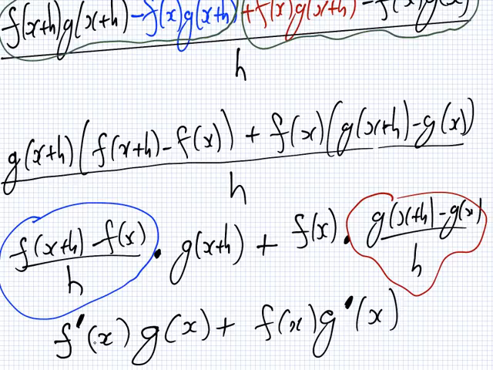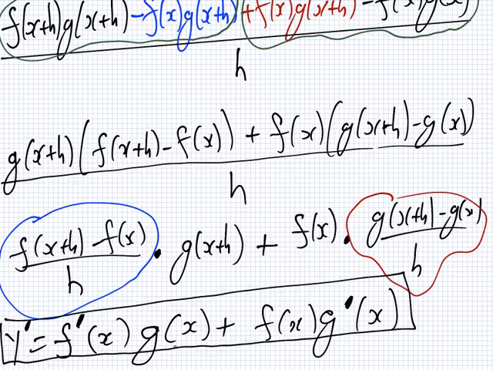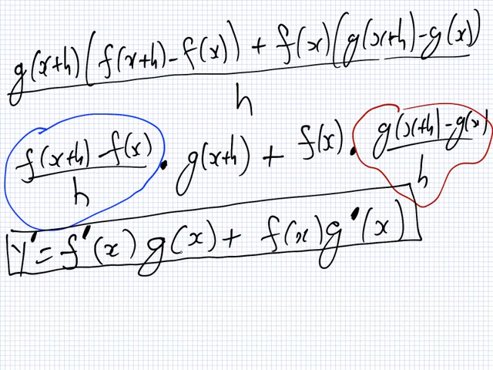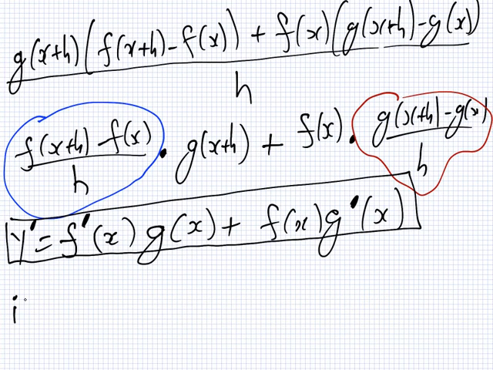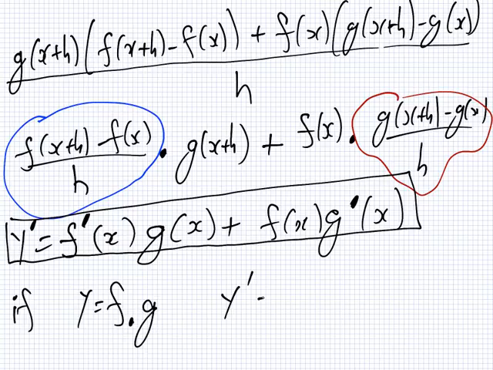So we found our rule. This is the derivative here. So in other words, if y equals f times g, then the derivative of y is f derivative times g plus f times g derivative.